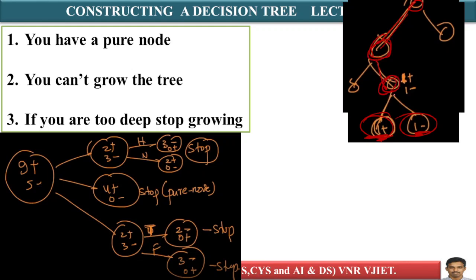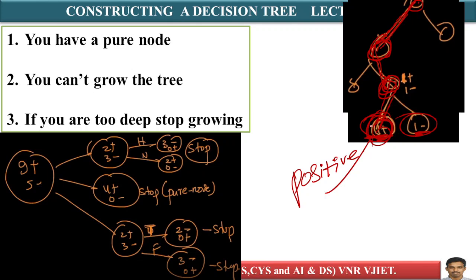This is the path: first condition, second condition, third condition, fourth. Whenever somebody comes with this path, I will declare this point to be a positive class point.